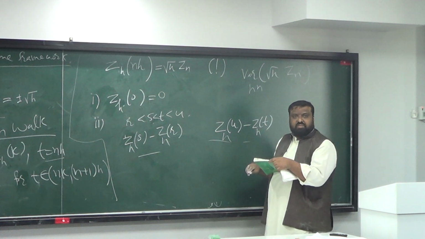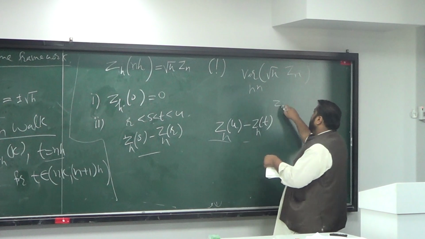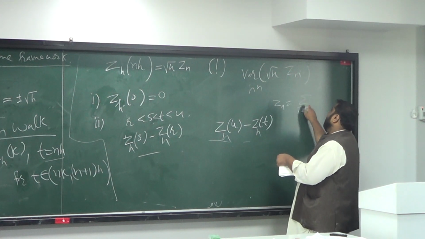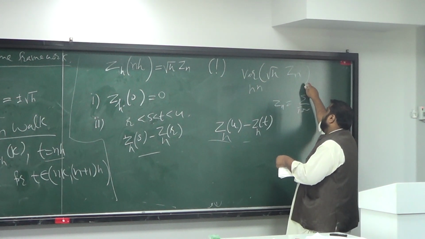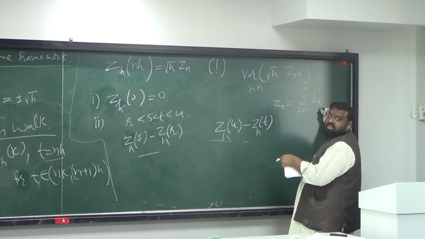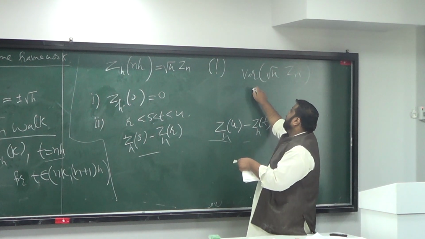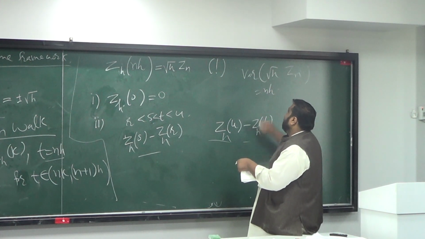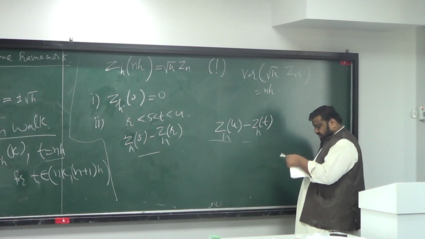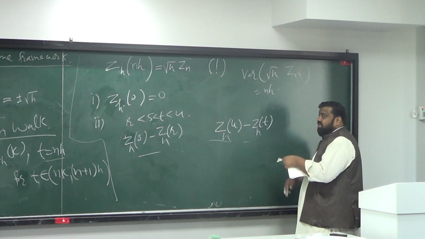Z_n is the sum of the L_i, so take the variance. And you can also see that this scaled version is a martingale as well.